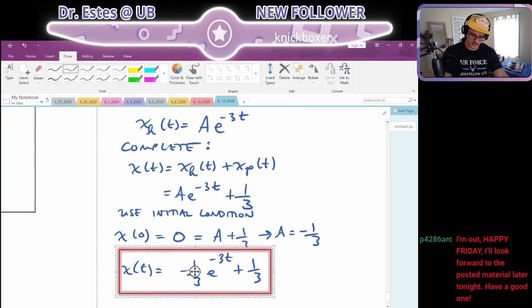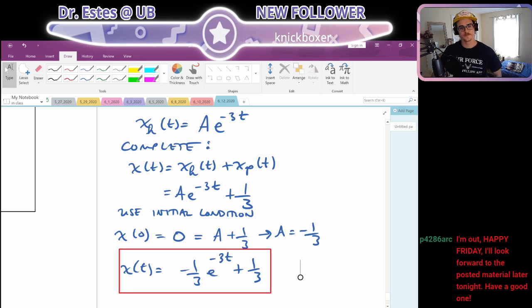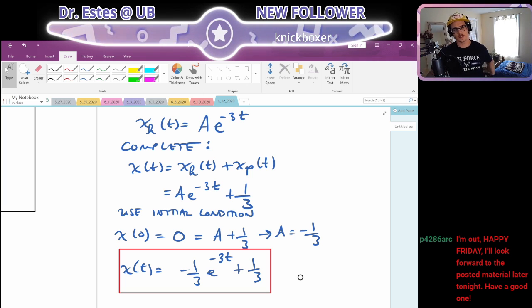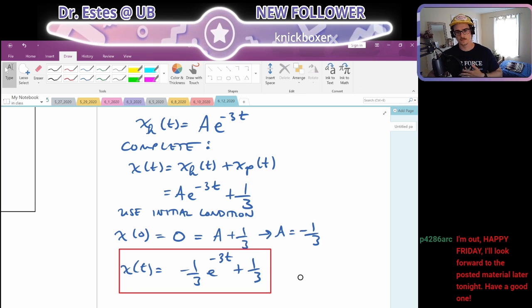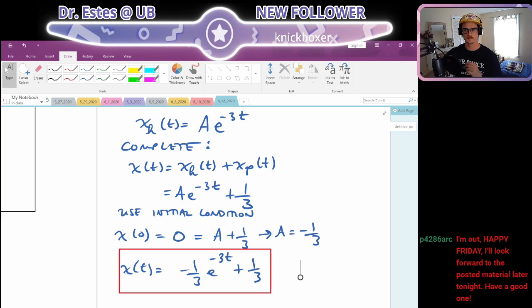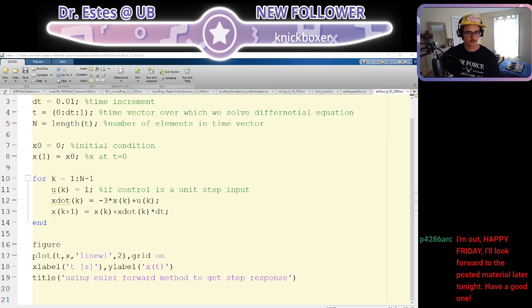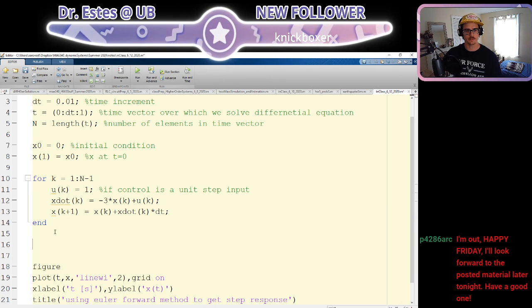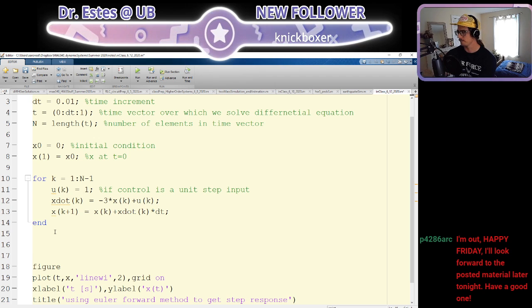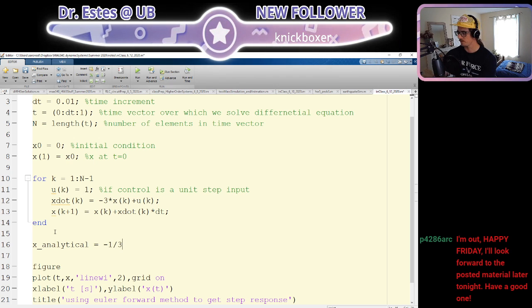So I want to put this in my MATLAB code, and I want to see how it compares to this Euler forward approach that we did. Okay, so the way I do that, I don't need to use a for loop. I could just say x analytical is minus 1/3 times the exponential of minus 3 times our time vector plus 1/3.